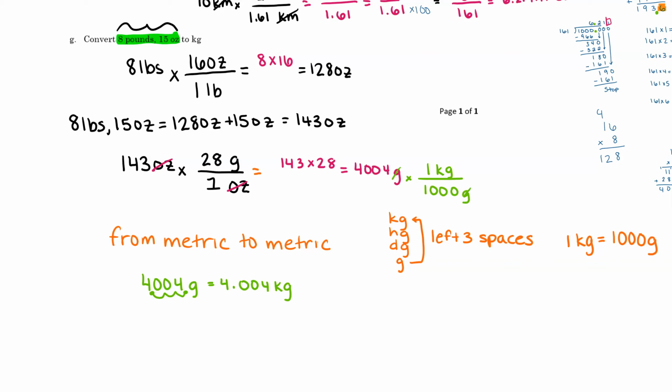Grams will cancel, and so we would have to do 4,004 divided by 1,000, and that indeed moves the decimal 3 places, so 4.004 kilograms. So both ways, if you remember to go left or right, you can use that, or you can just use the conversion factor, 1 kilogram equals 1,000 grams.